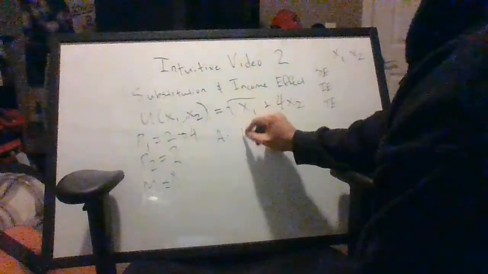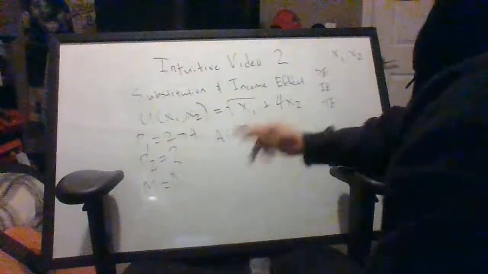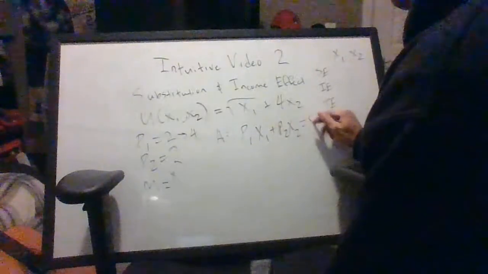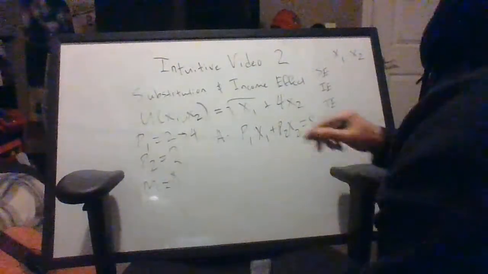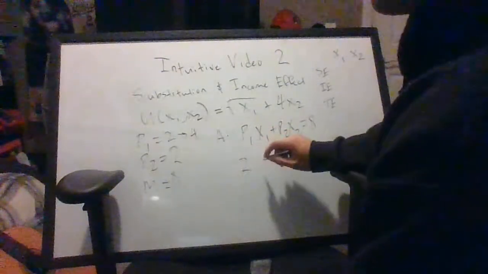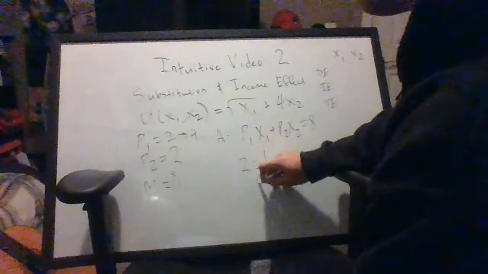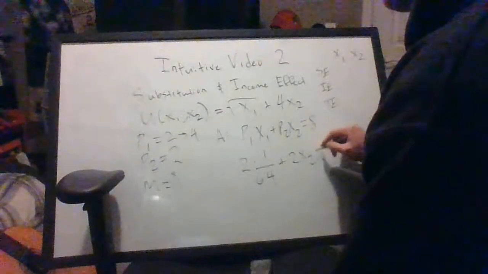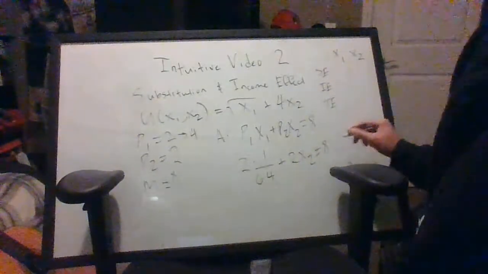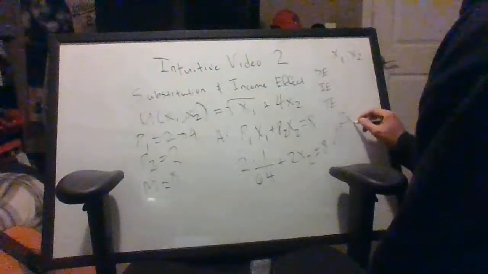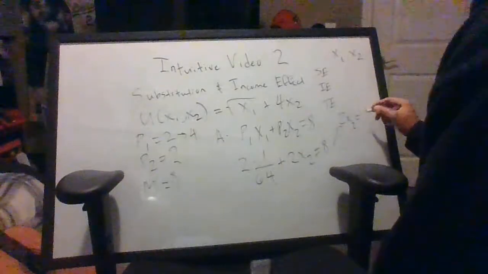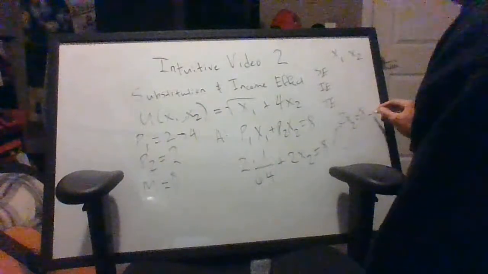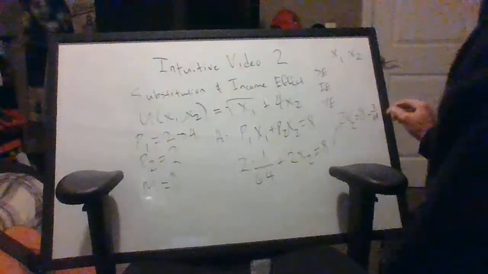Right, but we know that P1 x1 plus P2 x2 is equal to 8. So we know that P1 is 2, x1 was 1 over 64, plus 2x2 equals 8. So 2x2 is going to be equal to 8 minus 2 over 64.